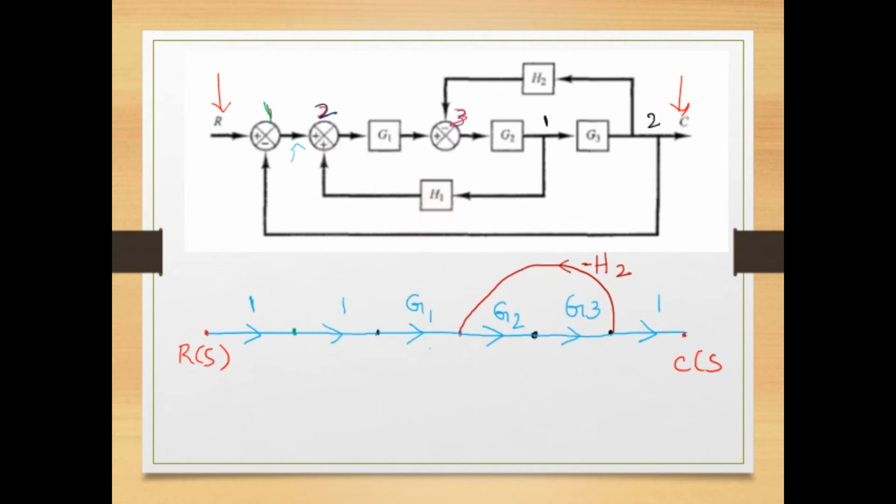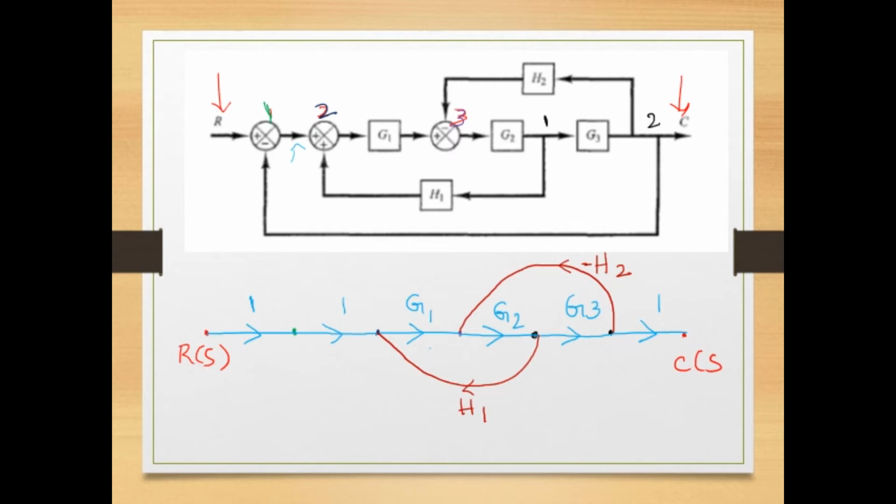So this one, from the first takeoff point to the second summing point, the gain is H1. Next, the last one is from the second takeoff point to the first summing point with a gain equal to 1, but with a minus sign.